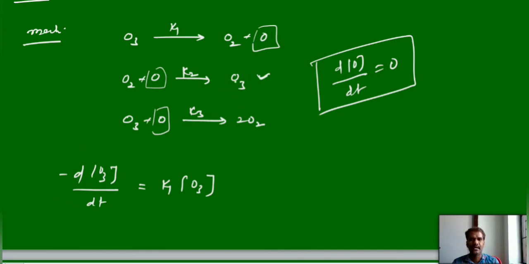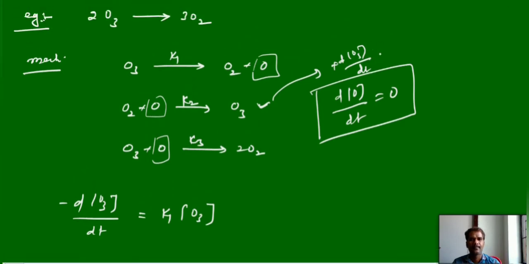So if I ask to write the change in concentration of ozone in the second reaction, how can we write it? d[O3]/dt, but here with a positive sign, that gives rate constant K2 [O2][O], but we require -d[O3]/dt. So you can write overall rate, again you can include that here, minus K2 [O2][O].